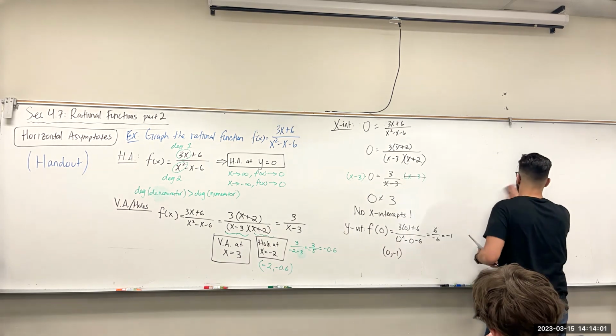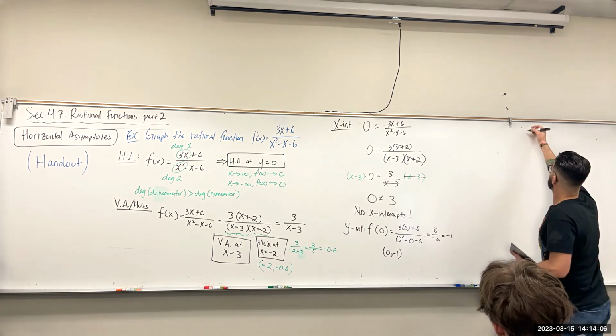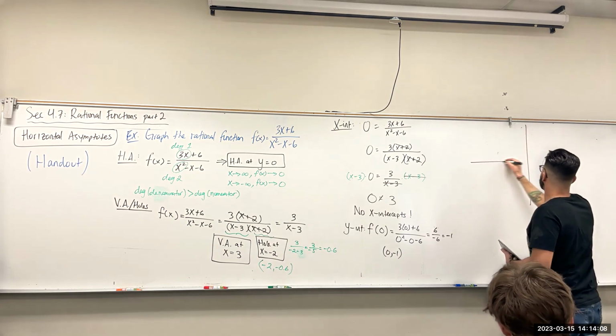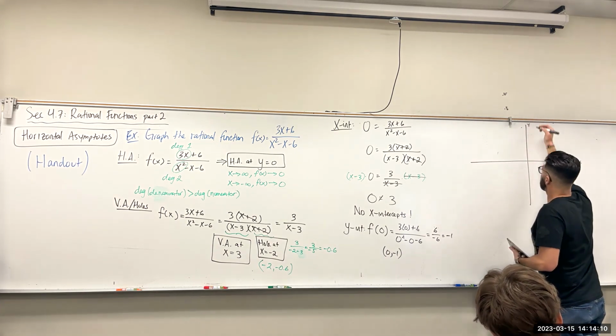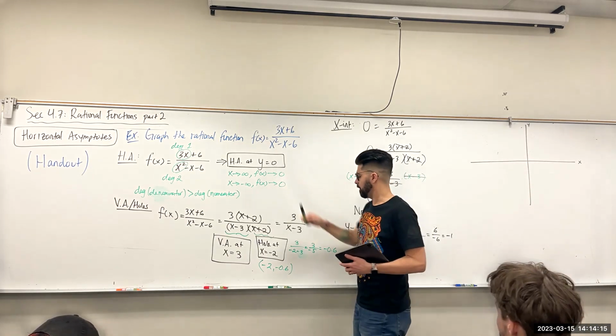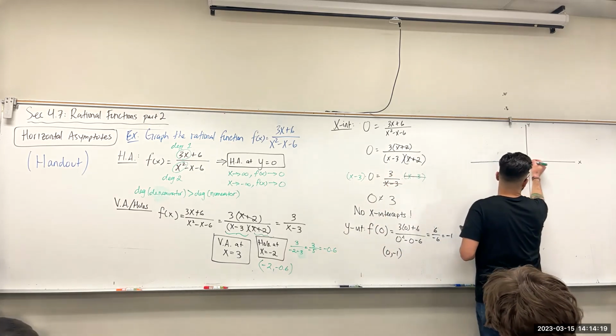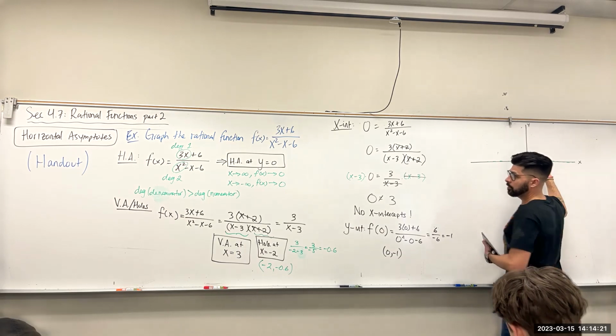Okay, so once you guys have all the pieces of information, you're going to want to draw a big, large xy coordinate plane and start putting everything together. So we know there's a horizontal asymptote here. I'm going to draw my horizontal asymptote at y equals 0.